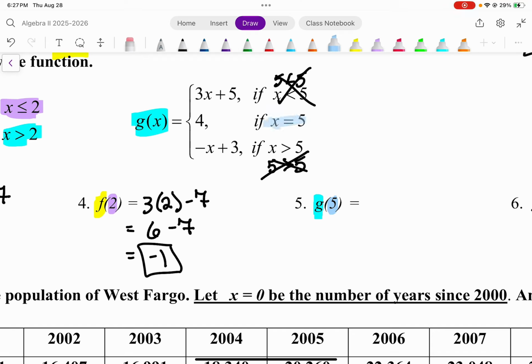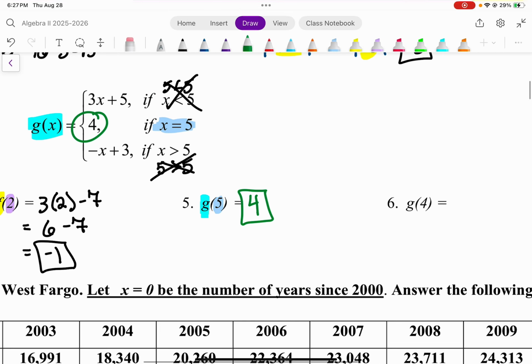We are going to use this middle equation because x is equal to 5. Now, when x is equal to 5, g of x equals 4. It's not 4x, it's not 4 plus x, 4 minus x, 4 divided by x. It's just 4. So g of 5 equals 4. And that is our final answer for this problem.